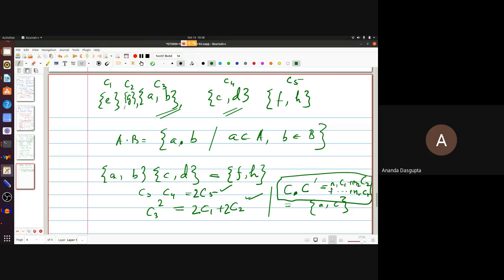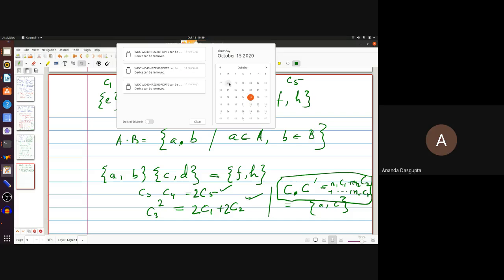We have an autumn break from Monday to Saturday, right? Next week, 19th October, that's a Monday, I hope. 19th to 23rd, because 24th and 25th are holidays anyway.